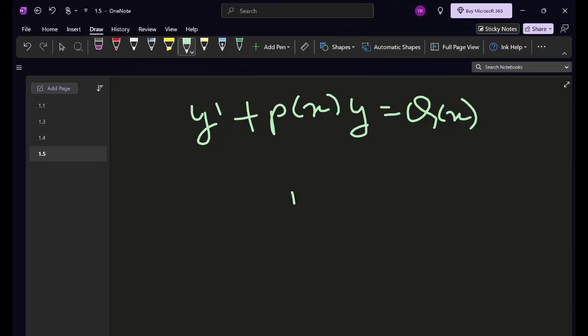First of all, we will be finding the integrating factor, which is equal to e to the power of the integral of p dx or dy, depending on which is the dependent variable. Here it is of course y, so this is going to be integrated in terms of x, because p is in terms of x. So whatever is multiplied with the y term in the equation is p, and we use it to find the integrating factor.